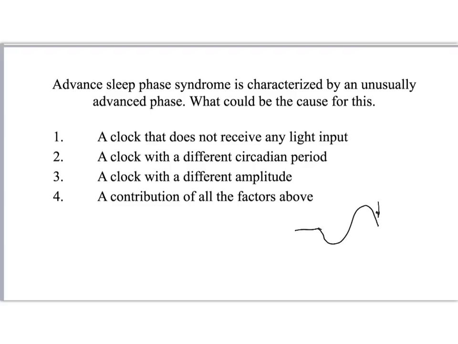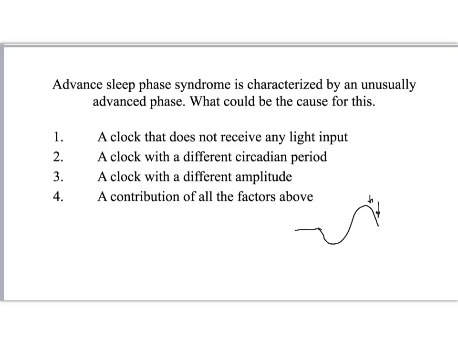So that means that they need to expose their phase response curve to light late in the subjective night, and that will lead to advances. But if your period is closer to 24 hours, then you will need to expose a different part of your phase response curve, right?